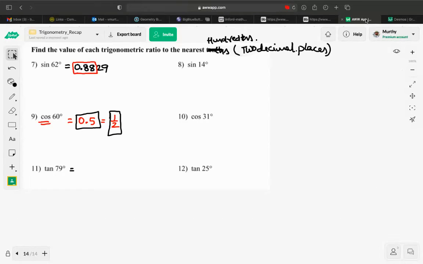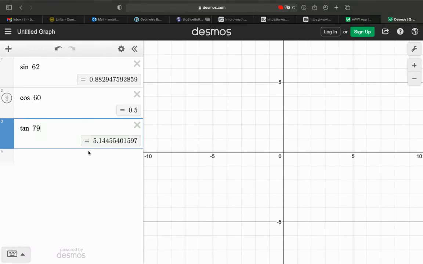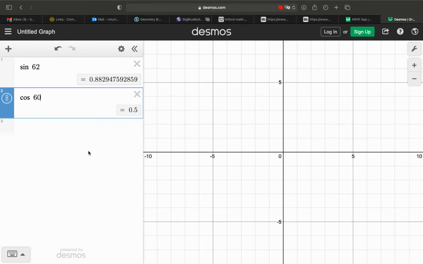Tan 79. So let me go to my Desmos calculator, and here it is tan. Oops. Oh, so I have to click enter. Then tan 79 degrees. Oops. Okay. Let me take a different value. Let's say cos 31 or sine 14.